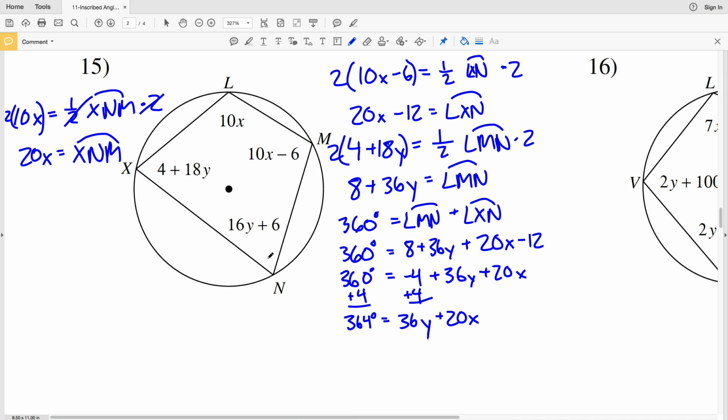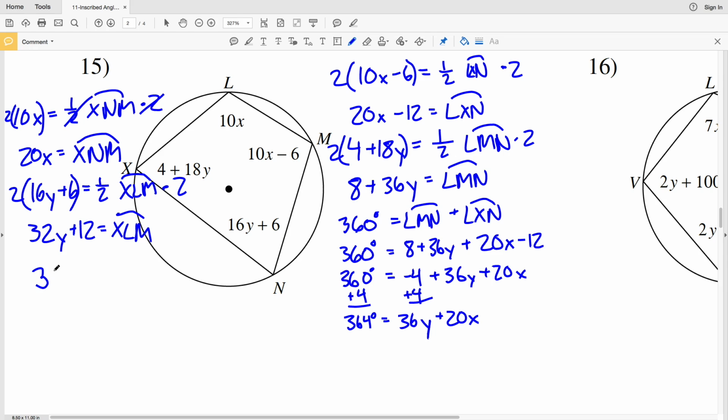My other inscribed angle, XNM, is associated with the arc XLM. So 16y plus 6 equals 1/2 of arc XLM. Multiplying both sides by 2, I'll have 32y plus 12 equal to XLM. And the addition of those two arcs also equals 360 degrees.